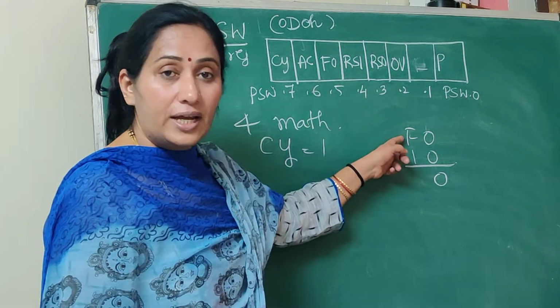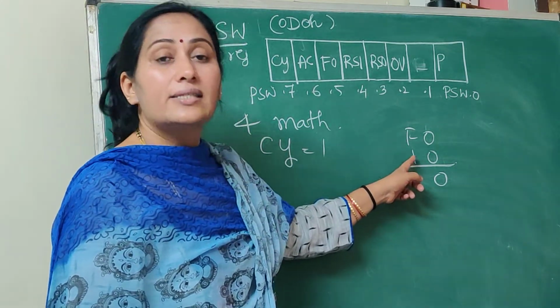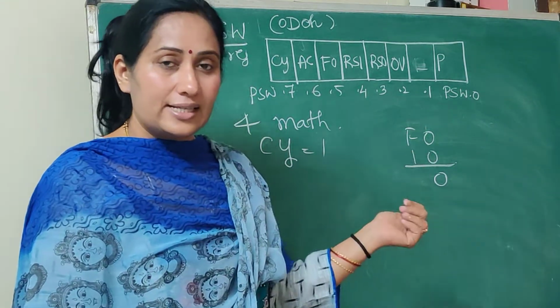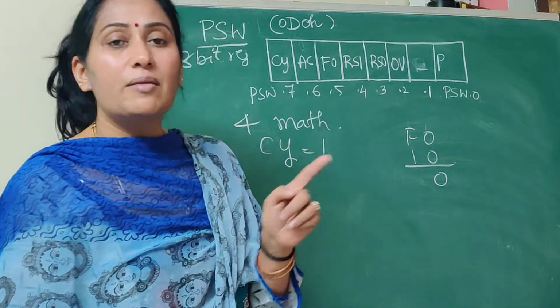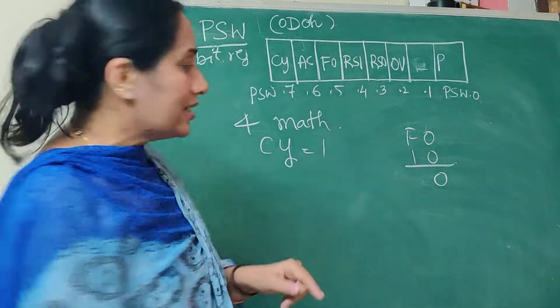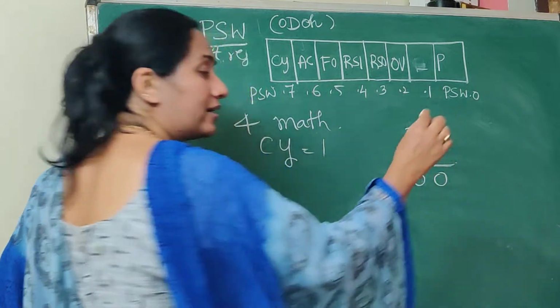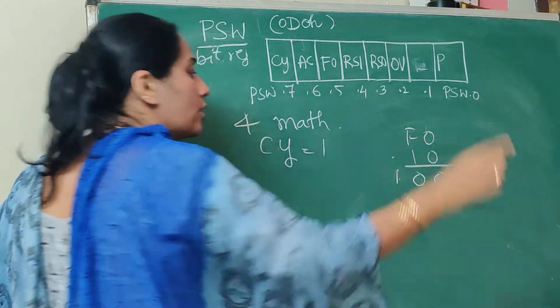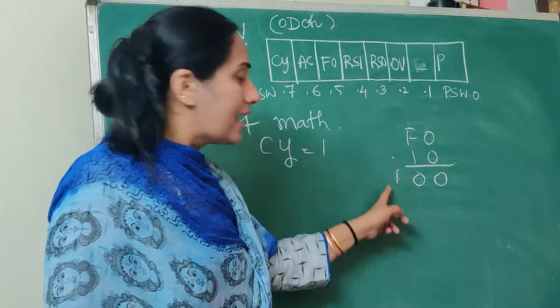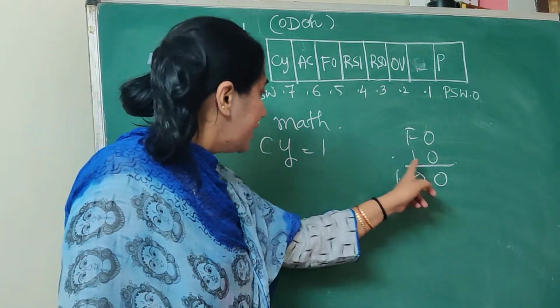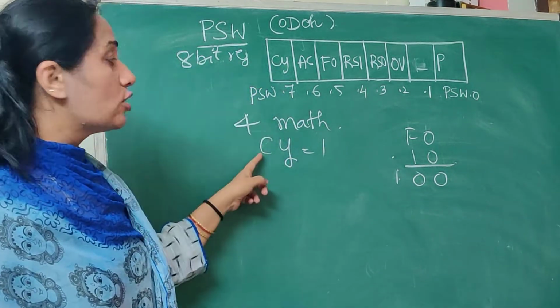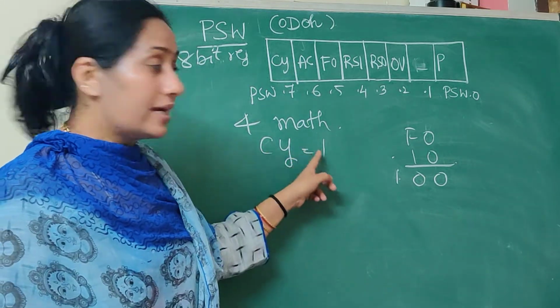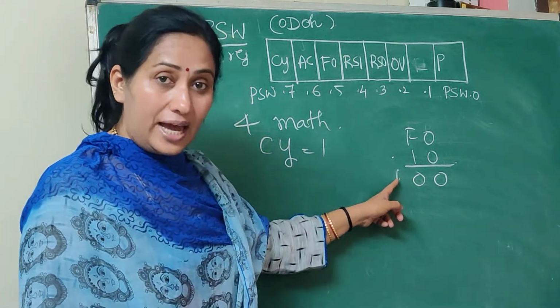F is 15. 15 plus 1 is 16. Since it's a hexadecimal addition, 16 minus 16 gives you 0. Since I have subtracted 16 once, a carry will be generated, that is 1. So you have a carry over there. Then after adding, this flag is automatically set, saying that there is a carry.